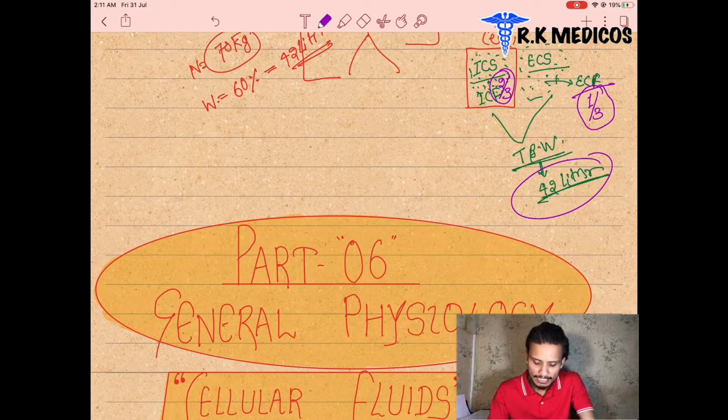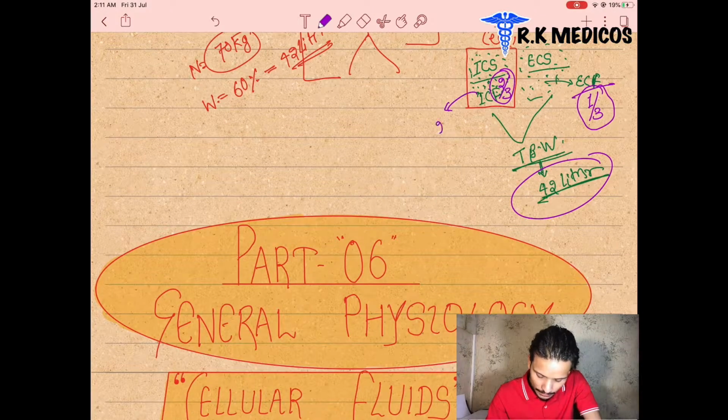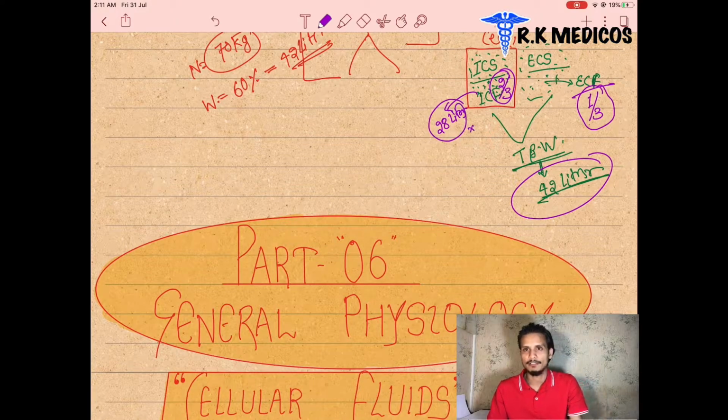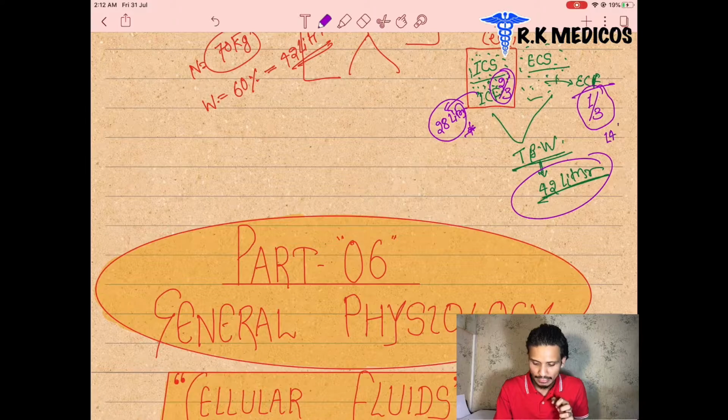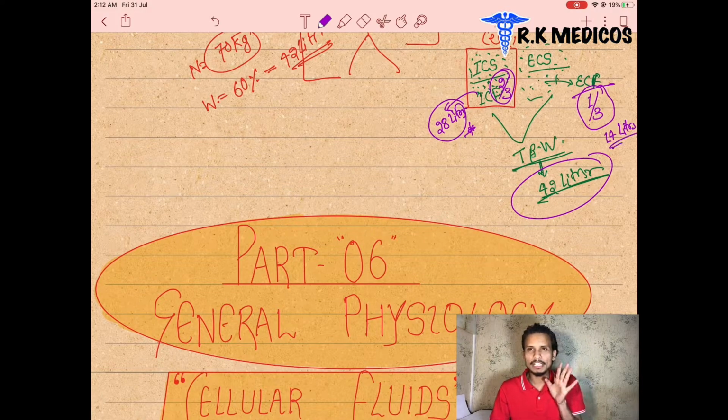That is 28 liters. It means 28 liters of water is present inside the cell. Then what is the amount of water present in the extracellular fluid or extracellular space? That is 14 liters. Hope it is clear for you.